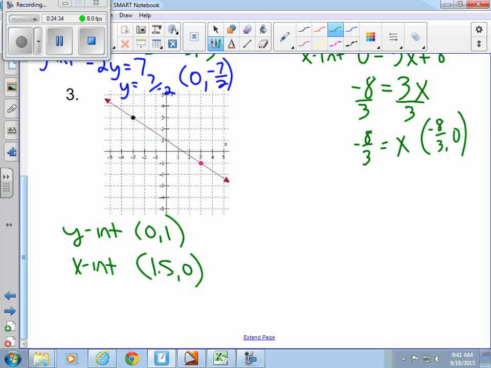That's where it crosses the x-axis at 1.5 and it crosses the y-axis at 1. See that? So graphically and with some equations, that's how you find x and y intercepts.